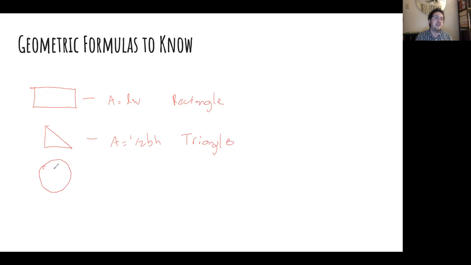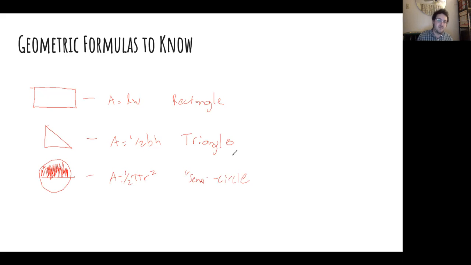We're also going to see semicircles on many of our Delta Math examples. And this is pi r squared, but then you're putting it times a half for a semicircle.